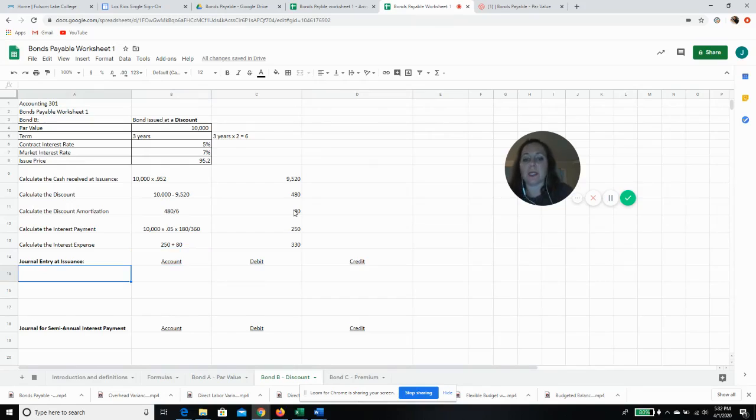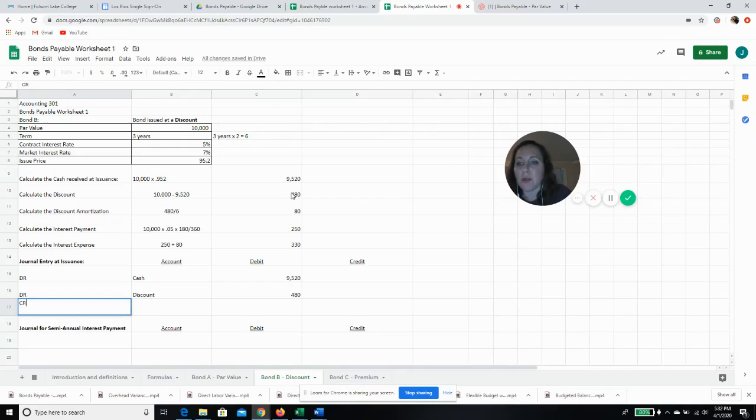So at issuance, we're going to debit cash for the amount of cash we're actually going to receive, which was this $9,520. We are also going to debit our discount for the amount of the discount.